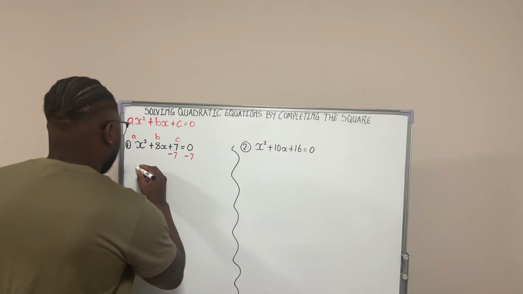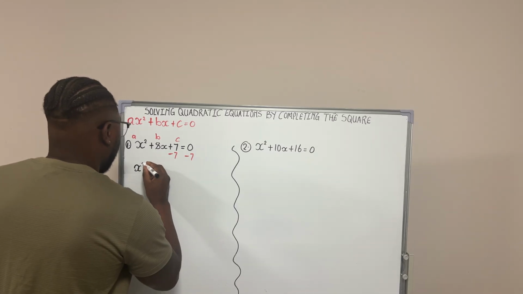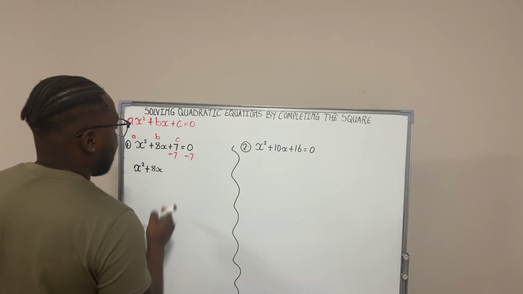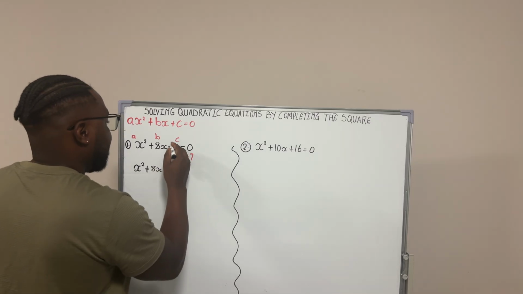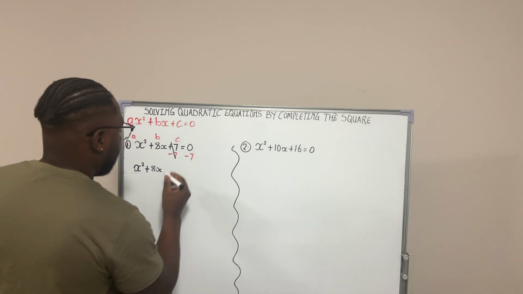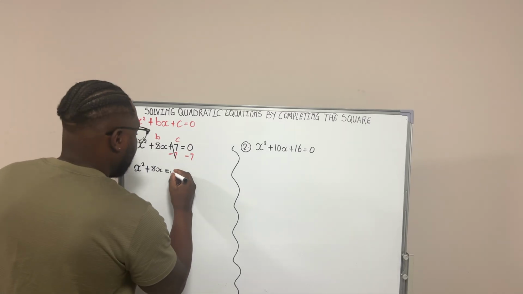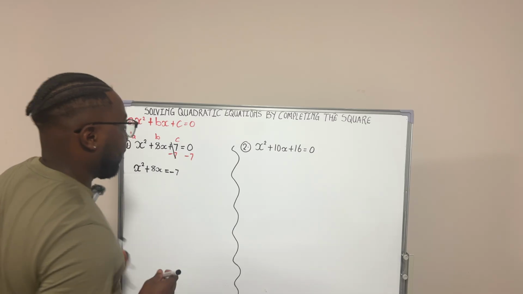That leaves us with x squared plus 8x, positive 7 and negative 7 cancel out, equal to 0 minus 7, which is negative 7.